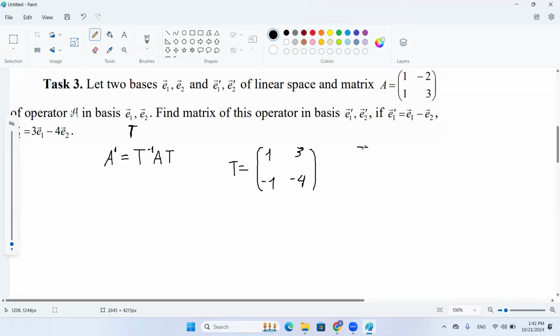So T11 equals -4, T12 equals 1, T21 equals -3, and T22 equals 1. And now let's calculate the determinant of matrix T.